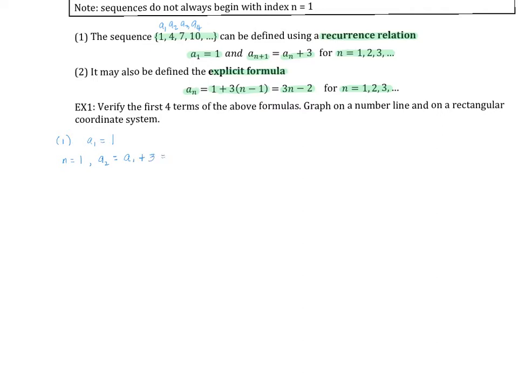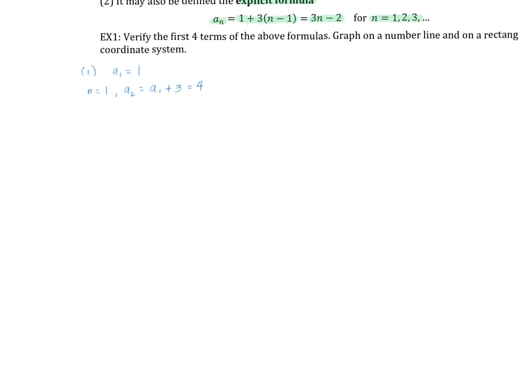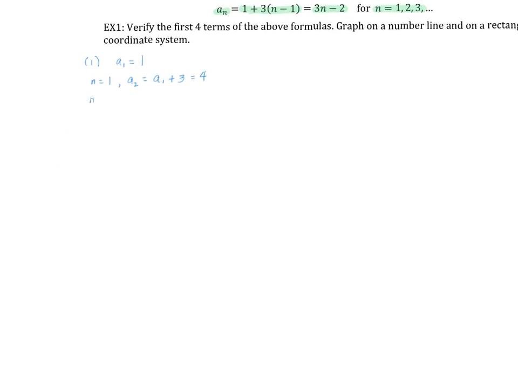So notice that that's equal to 4, just as we would expect. When n is equal to 2, I'm at a sub 3, which is a sub 2 plus 3, or 7. And then at n equal to 3, we're at a sub 4, which is a sub 3 plus 3, or 10. So our recurrence relation works out.